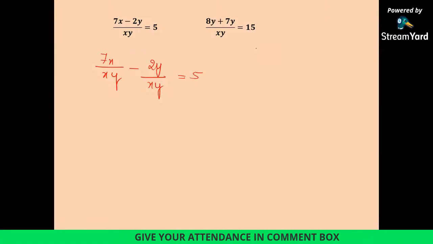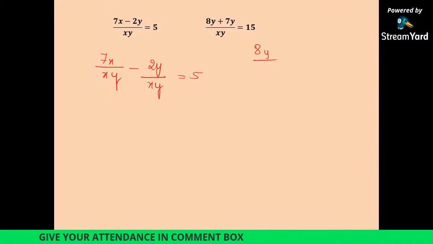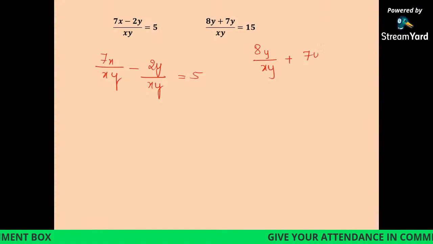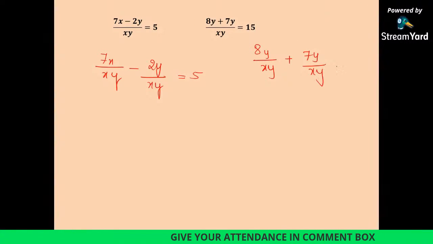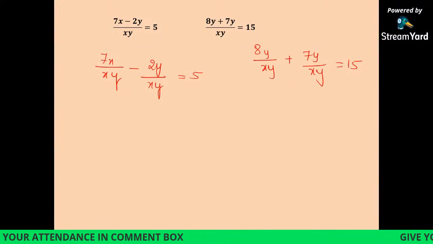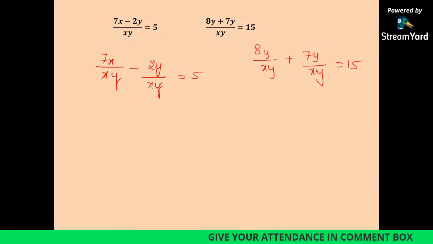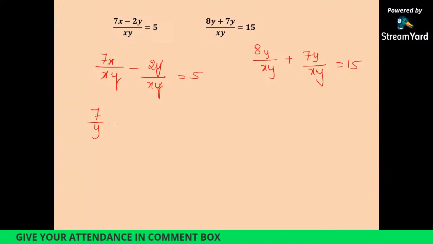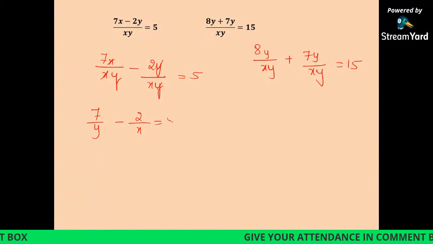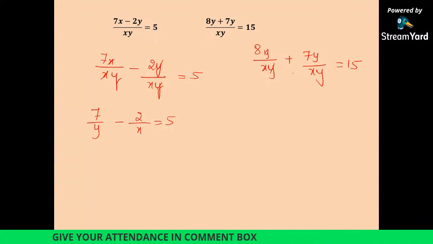Here also, 8y divided by xy plus 7y divided by xy is equal to 15. Now when you write them in separated form, x gets cancelled, y gets cancelled, and you remain with 7 divided by y minus 2 divided by x is equal to 5, and in here y gets cancelled.